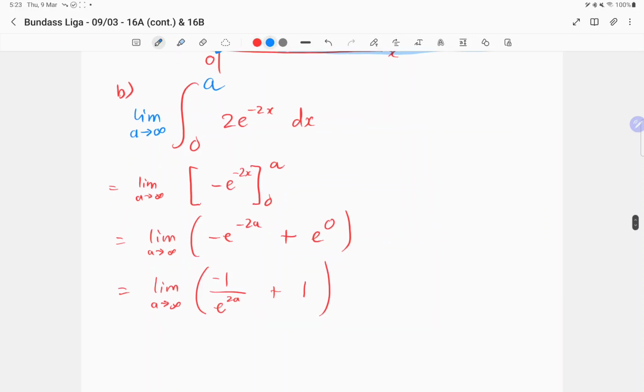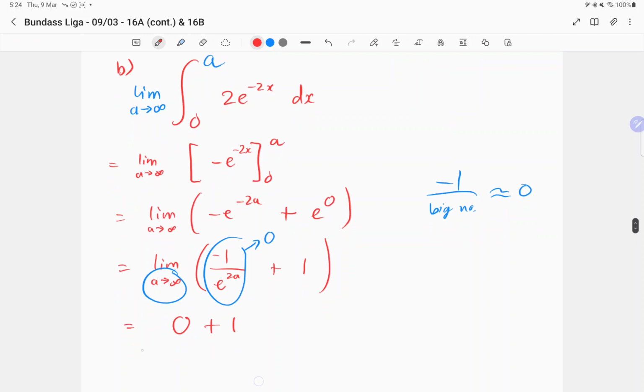As a goes to infinity, this thing goes to 0, because negative 1 divided by a really big number would just be approximately 0, like negative 0.0000, really, really small. So as the bottom goes towards infinity, 1 over that big number approximates 0. Then you can calculate the limit at this point, and that would just equal 0 plus 1, which is 1.